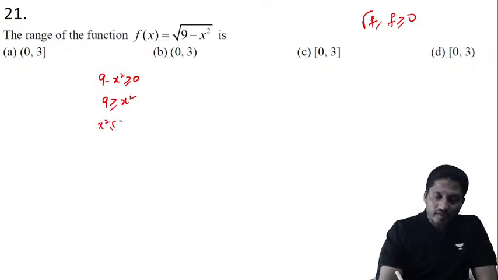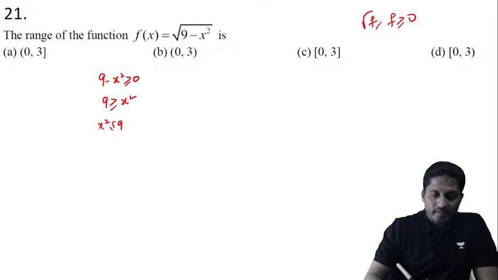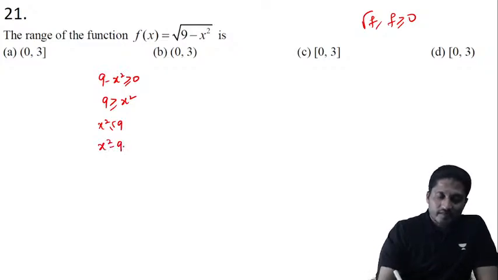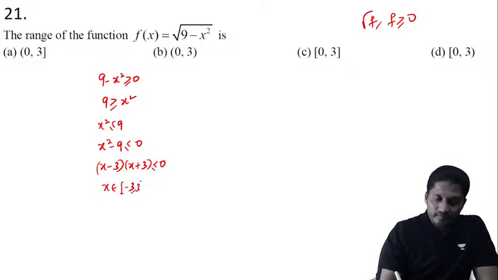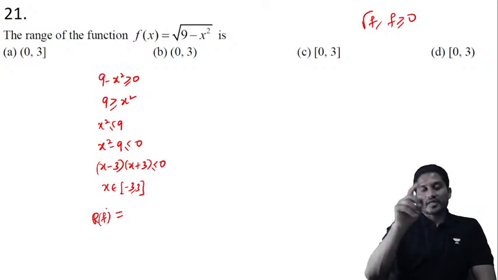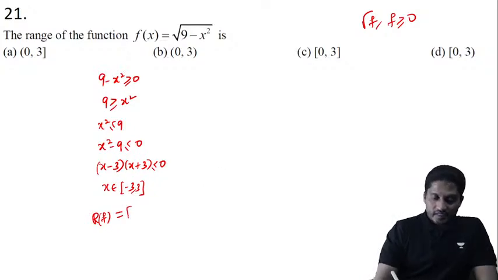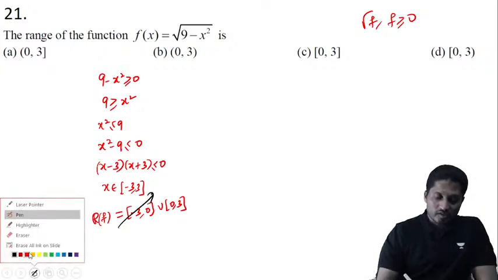This can be written as x square minus 9 should be negative. That is x minus 3 into x plus 3 is negative. Now x belongs to closed interval minus 3 and plus 3. Now range of f is equal to root of a number cannot be negative, right? I can write this as minus 3 to 0 union with 0 to 3. Root of any number cannot be negative, so this is not possible. Answer is closed interval 0, 3.